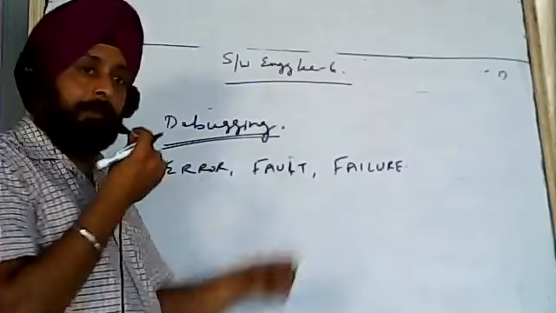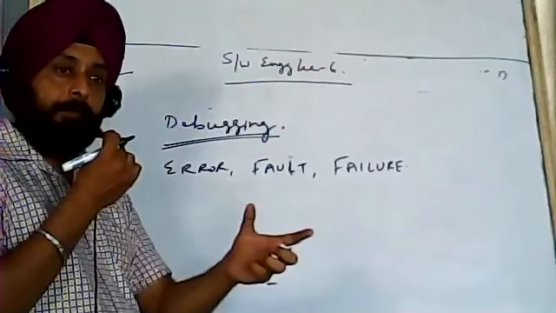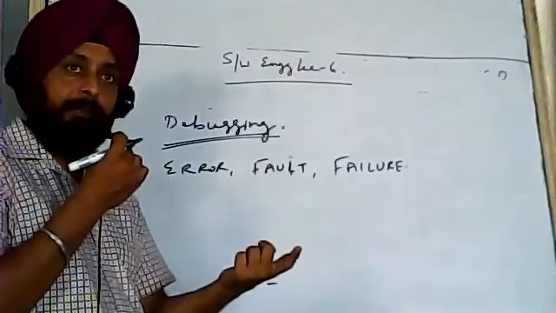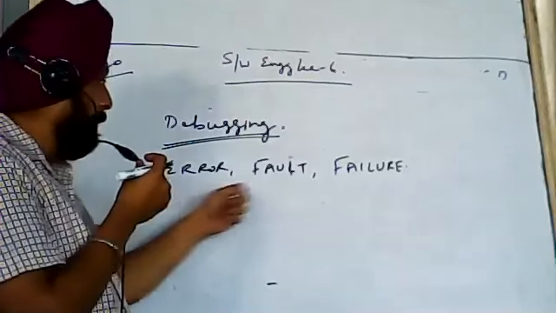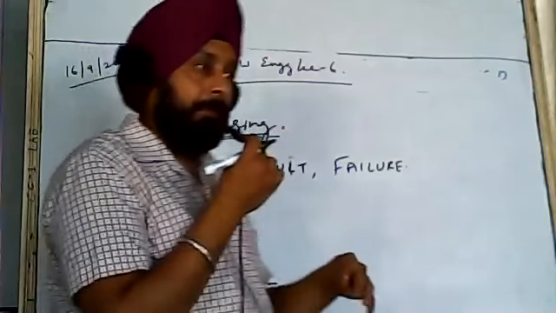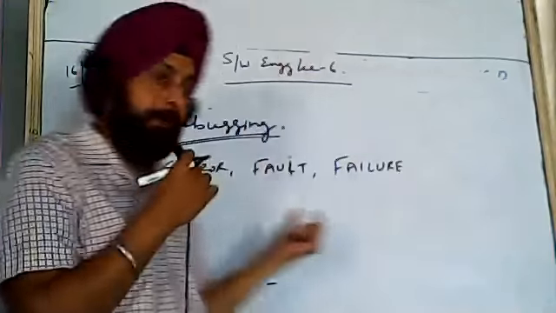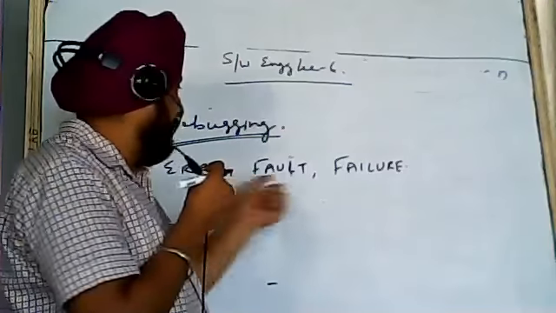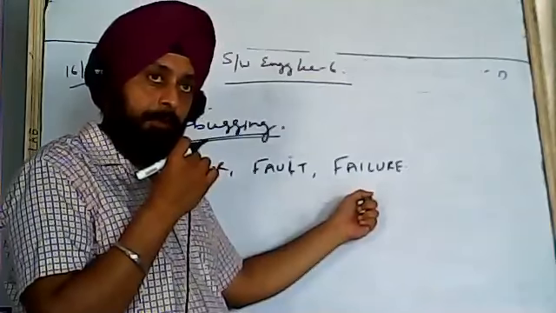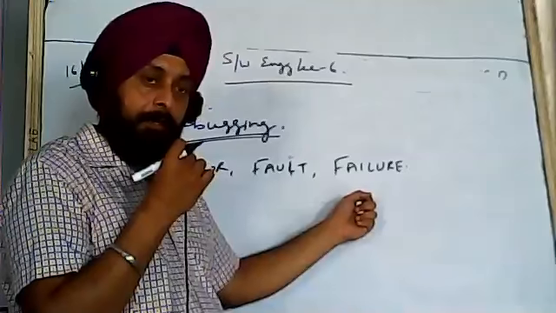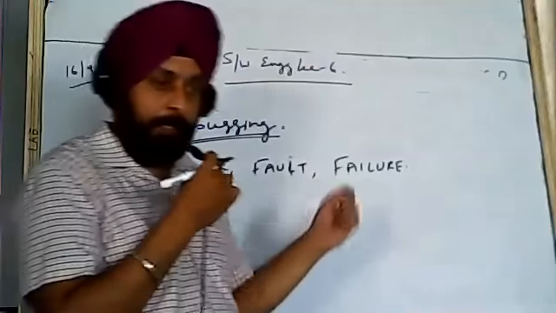Error: while writing the code, some data type is given wrong, or we have declared a variable and no value is given. Fault is when, while typing, we made a major mistake, and that may lead to failure of the system. If your system stops working and does not give a result, it results in failure.